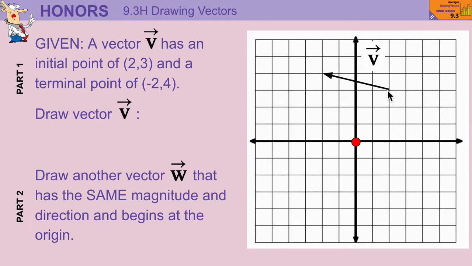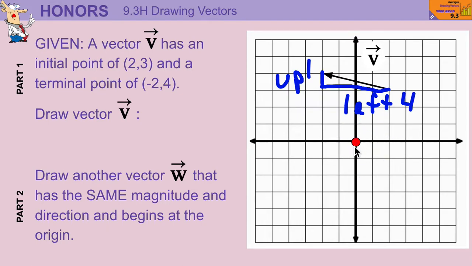So it looks like we have a change on vector v going from this point here to this point. So we're going left 4, and then we're going up 1. So we want to do the same thing here.